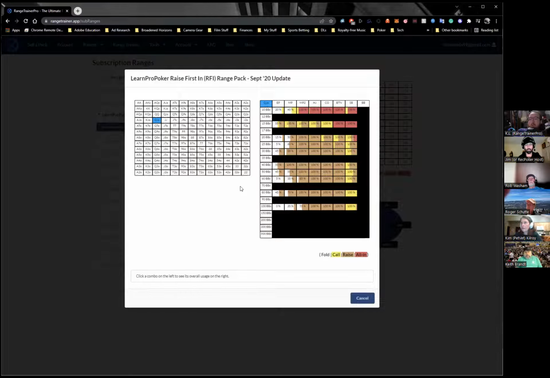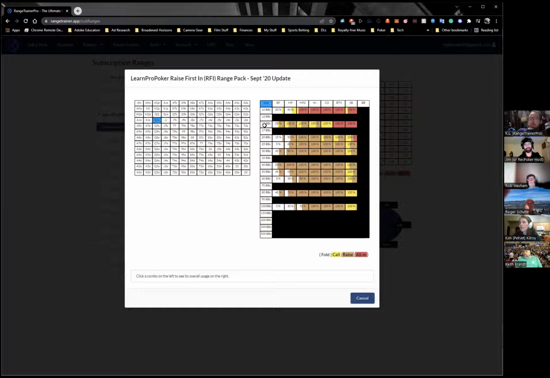But it's much easier to do so at those middle stack depths. And then obviously we can see that as they get shorter, it loses some value at EP. But then, oddly enough, at 15 big blinds, for some weird reason, it gains value again.